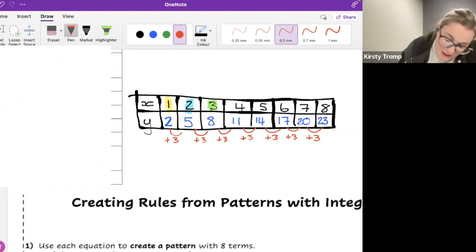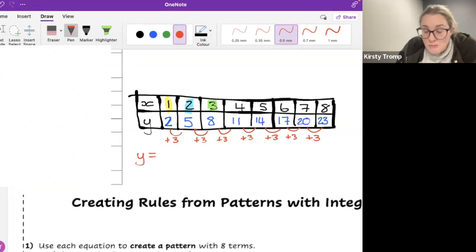So if I'm looking at my rule, I'm going to say y is equal to... What am I doing each time? I'm adding 3. So remember, my difference is 3, because that's my common difference, times by x.